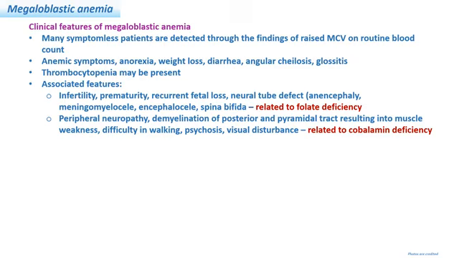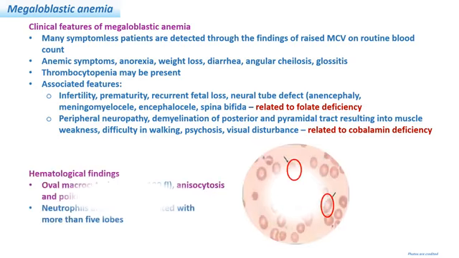Associated features related to folate deficiency are infertility, prematurity, recurrent fetal loss, neural tube defects like anencephaly, meningomyelocele, encephalocele, and spina bifida. Related to cobalamin deficiency are peripheral neuropathy and demyelination of the posterior and pyramidal tracts, resulting in muscle weakness, difficulty in walking, psychosis, and visual disturbance.